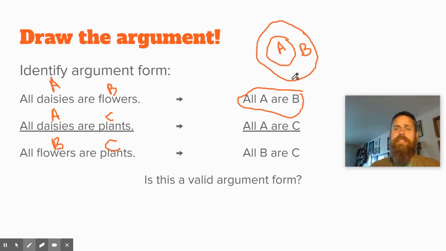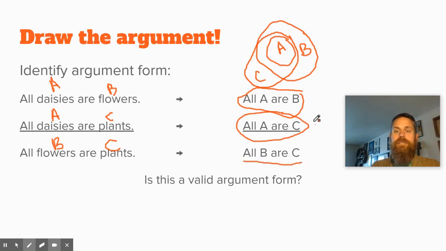Now this is a little different than the last time, right? Remember, I had to draw C around B last time because it said all B are C. This time it's just saying all A are C. And I'm thinking I could draw it like this. And that statement would be true, right? So I've kept the first premise true. The second premise is true. Now, all B are C. Is that proven by my drawing?